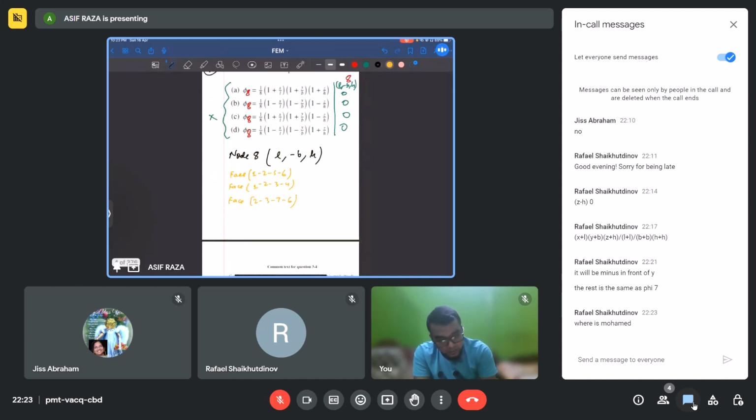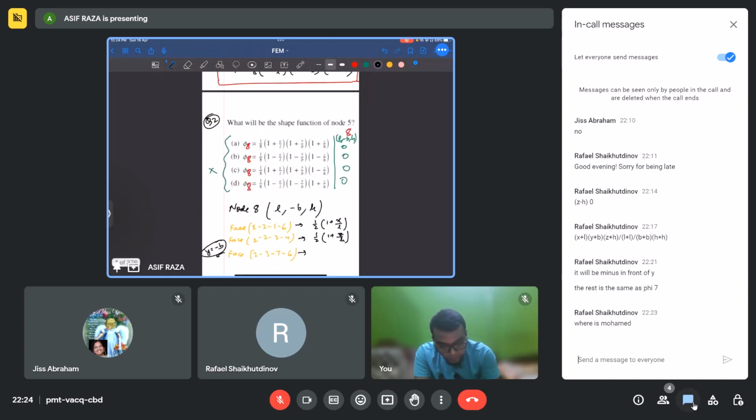So corresponding, as we have already solved for this, we get 1 by 2, 1 plus x by L. For this, we get 1 by 2, 1 plus z upon h. For this, as you see, this is for the case y equal to minus b.